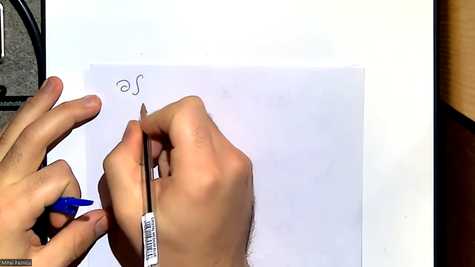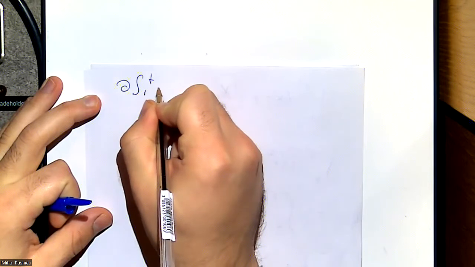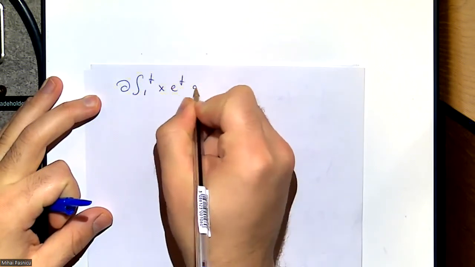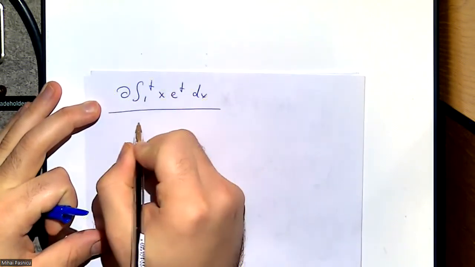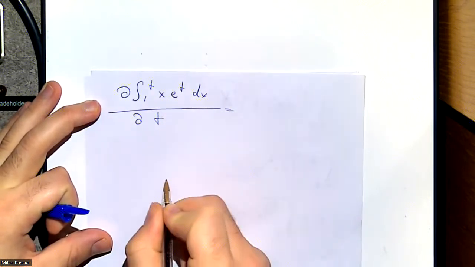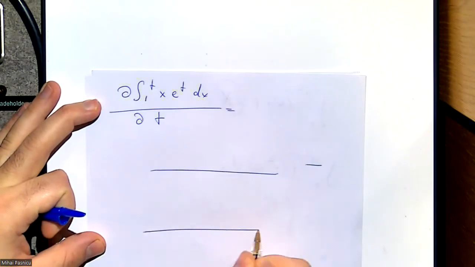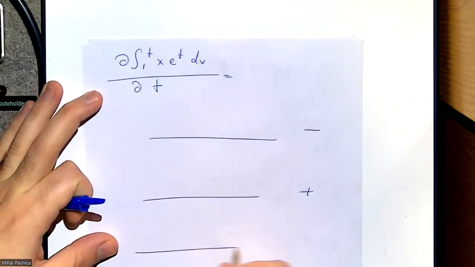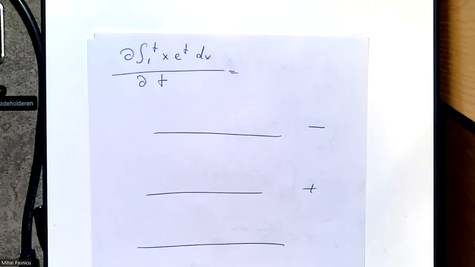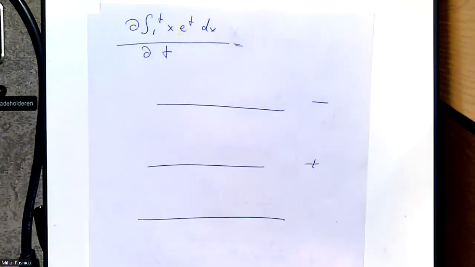you write the derivative of the integral from 1 to t of x e^t dx. This is the derivative with respect to t, and you know it's equal to the first part minus the second part plus the third part. Okay, and we just start doing it.